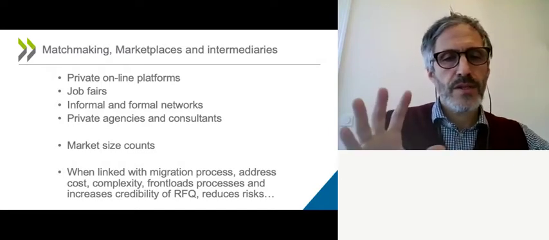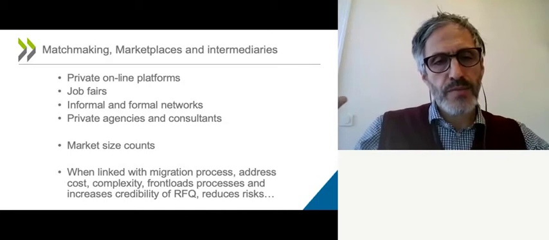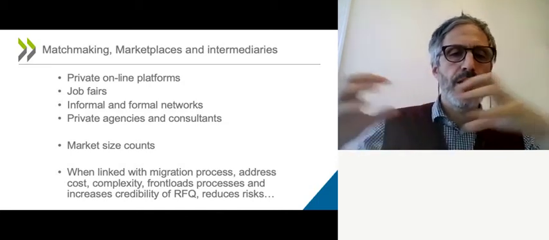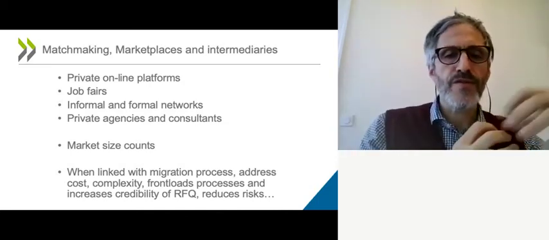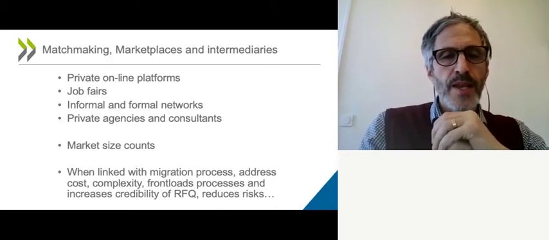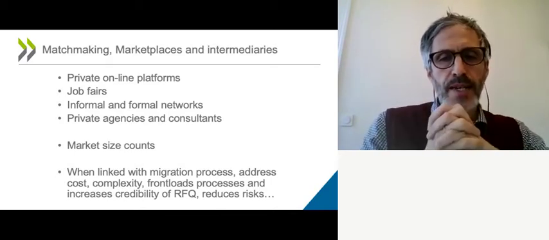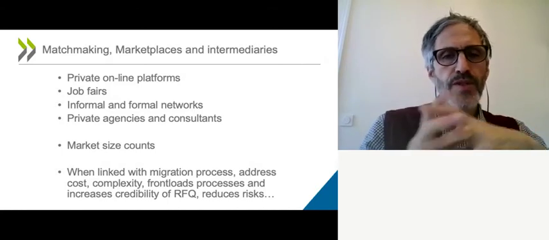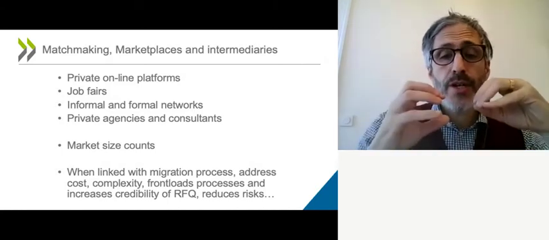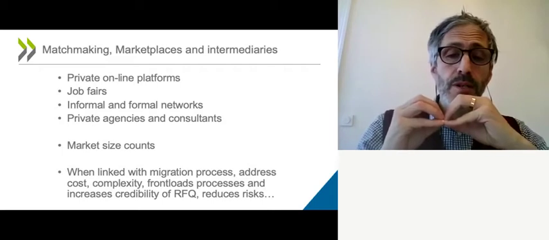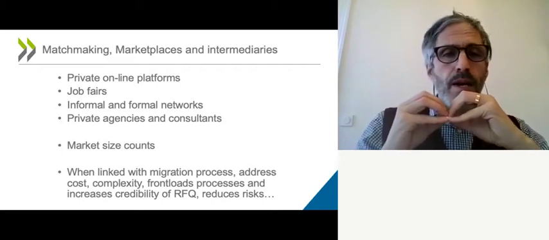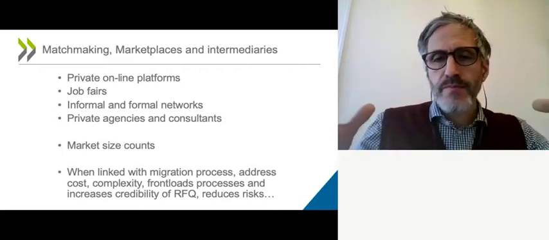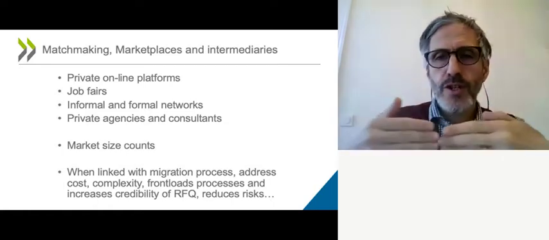Obviously in this field, the market size counts. The bigger the pool, the bigger the capacity to bring together large numbers of employers and large numbers of job seekers, the better it is. And the final point, I think, is crucial for this discussion, which is what is the link between the job match and the migration process, right? Because there are many matchmakers, but the migration procedures are run by the state.